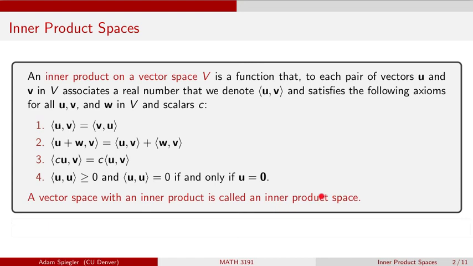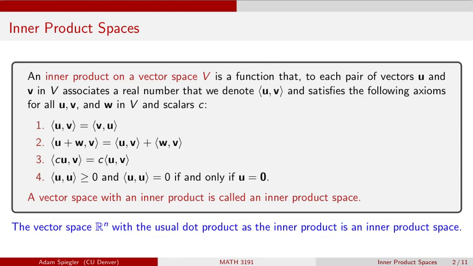So to be an inner product space, you first of all need to be a vector space. And then secondly, you need to have this additional function that satisfies a certain number of properties. And now you've got even more structure with an inner product space. We now have a whole geometry that we've mapped on top of this vector space in the sense that we can measure distances and angles in our vector space.